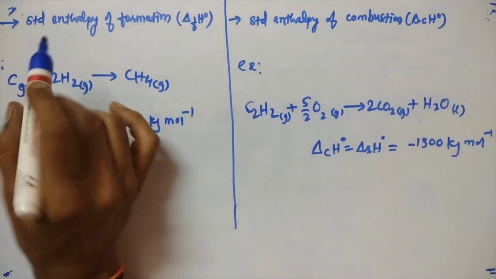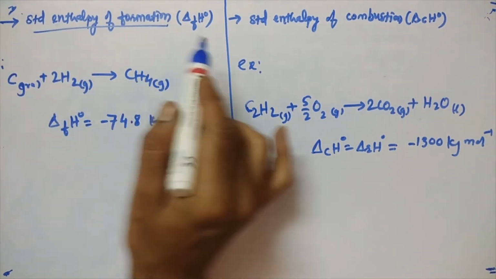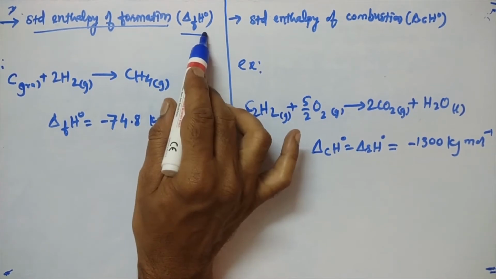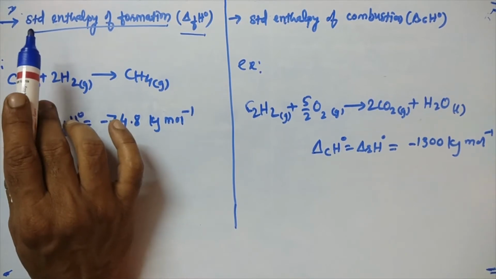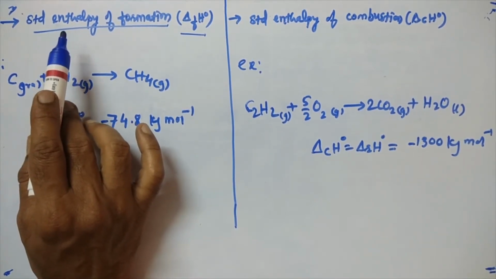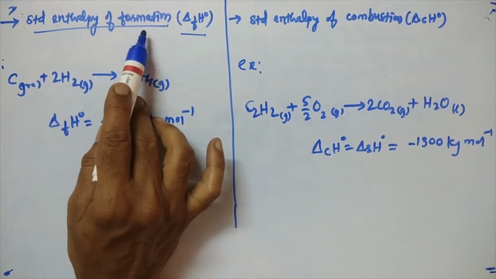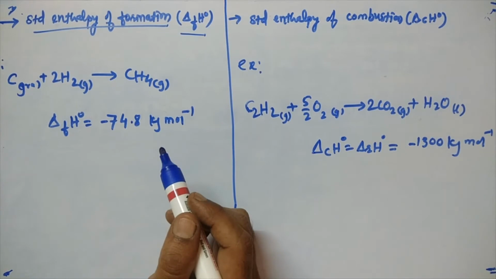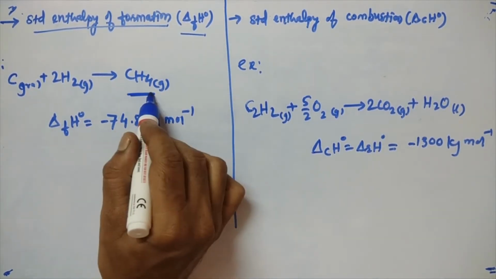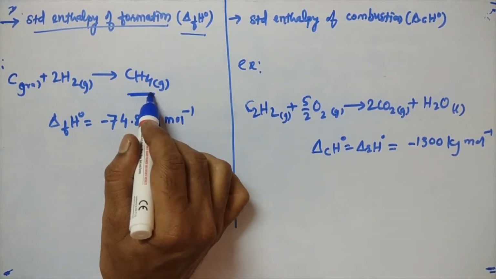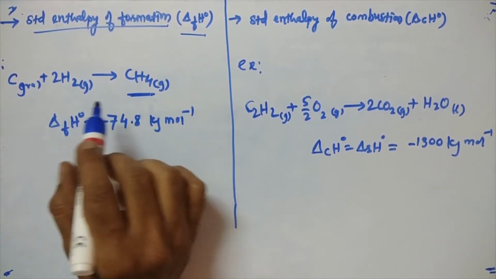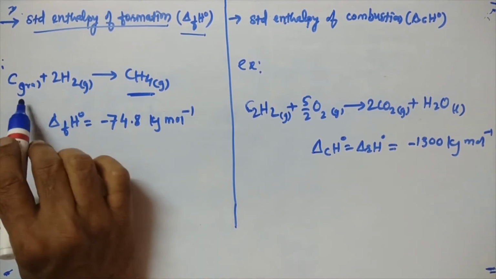See, the standard enthalpy of formation, delta f H naught. So this is the notation of the standard enthalpy of formation. Now how is it defined? The standard enthalpy of formation is the enthalpy change accompanying a reaction in which 1 mole of a pure substance is formed in its standard state from its constituent elements in their standard state.